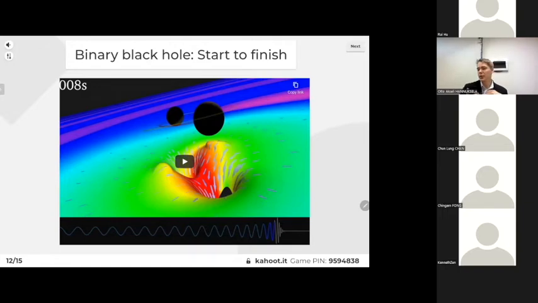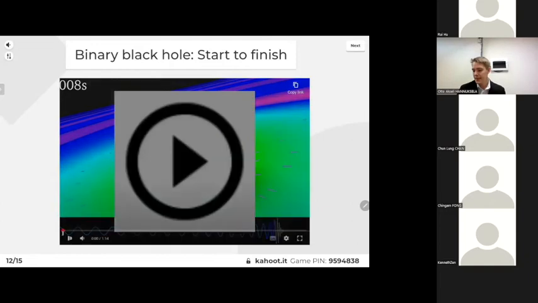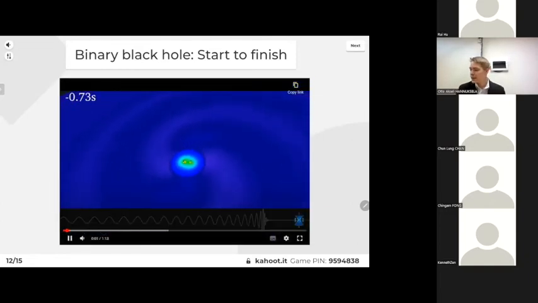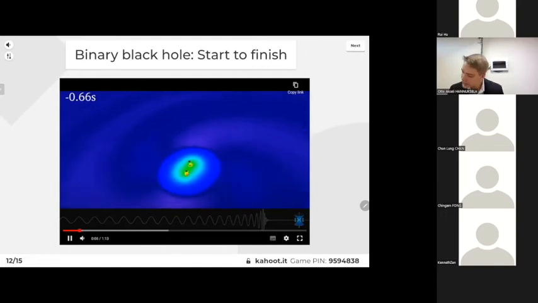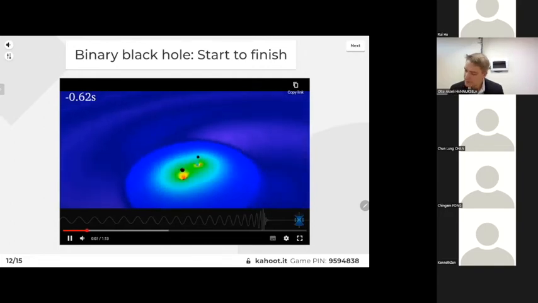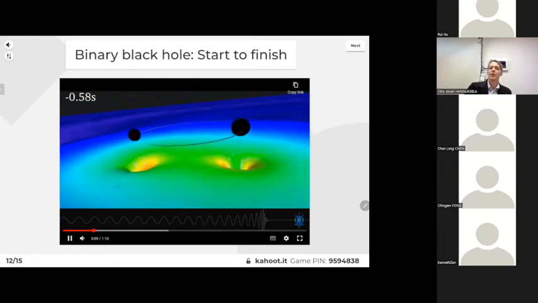I wanted to show this animation that we looked at in the first lecture again, but now looking at what is actually happening physically based on what we've learned. So here you can see, as a reminder, there are two black holes that are two point objects orbiting each other.